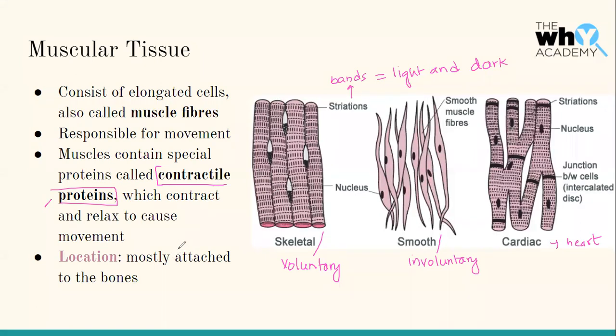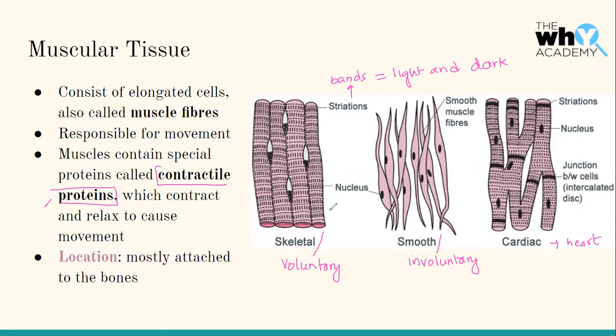Actin and myosin are actually present in the form of bands, hence the light and dark ones. You can remember it like that. There are two contractile proteins, that's why two bands, and that's why they have light and dark appearances. So striations are basically bands, and this is how it looks.